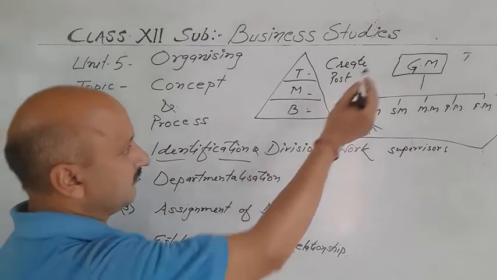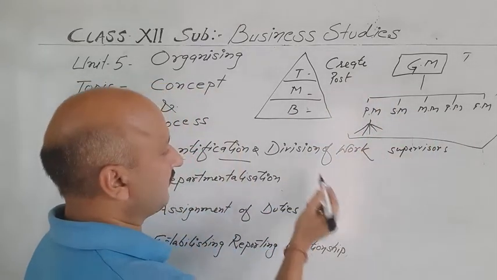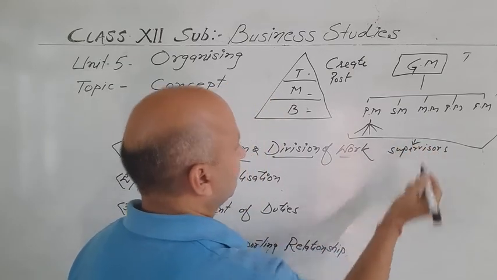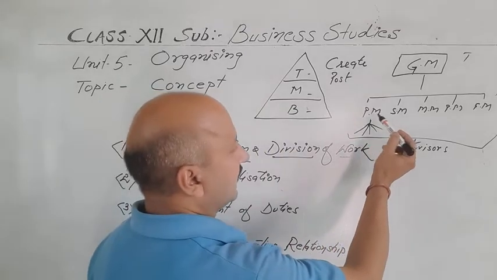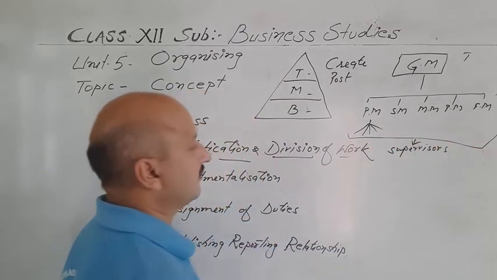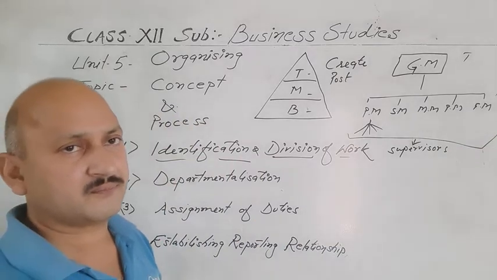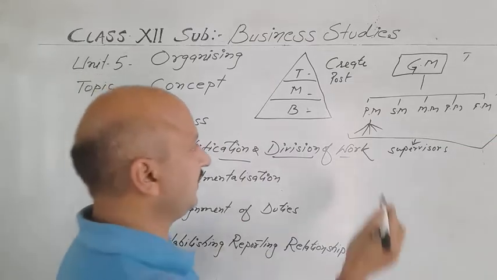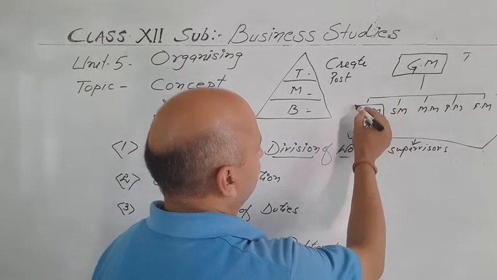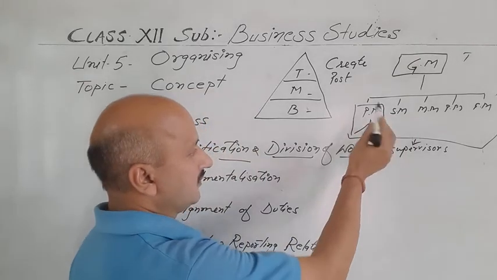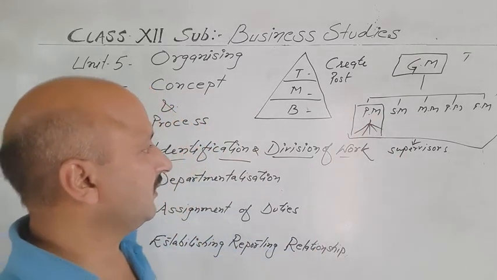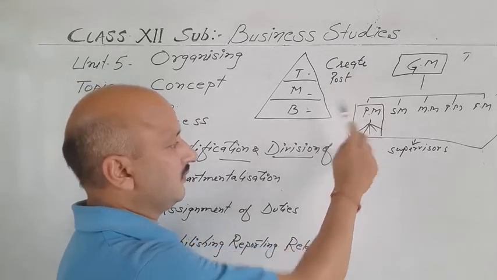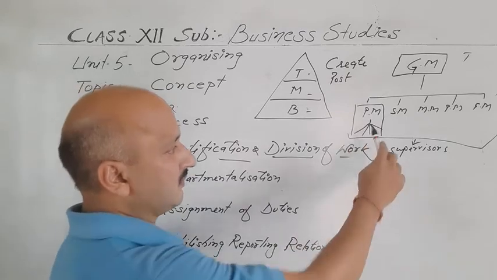So these are the identification of work, and we have divided the work of each specialist into different divisions. Those who are experts in a particular work will be under the same department. Like the purchase manager is an expert in purchase, so he will be assisted by those supervisors who are experts in this field, similar to others.